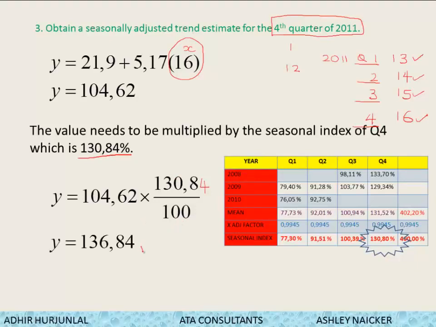And that gives me my final answer, which means the expected sales should be around 136,840,000 rand. And this should be a 25-mark question in the exams. Simple, yet quite effective. Understand this example, you can understand every example henceforth.